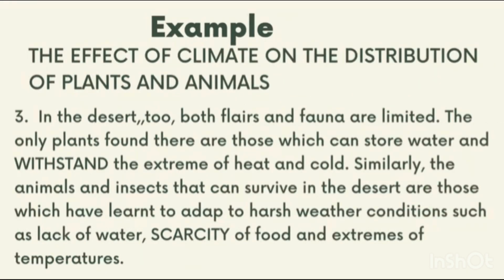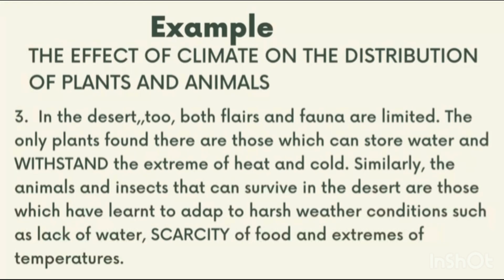In the desert too, both flora and fauna are limited. This is the statement that they have extracted from the paragraph. The only plants found there are those which can store water and withstand the extreme of heat and cold. So they have extracted part of this statement: the only plants found there.